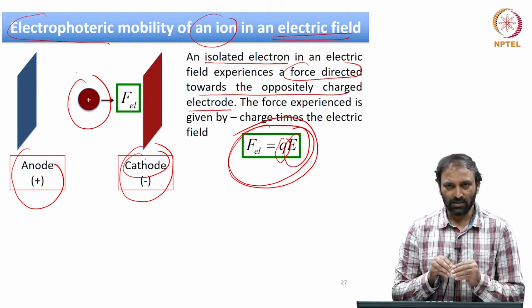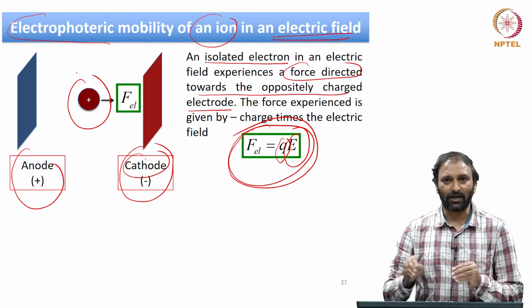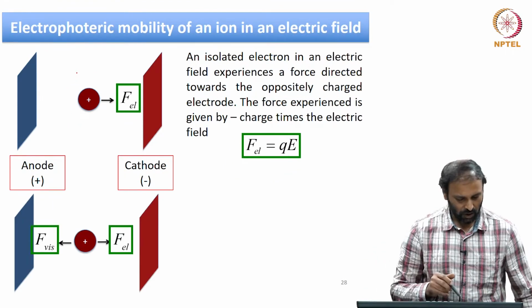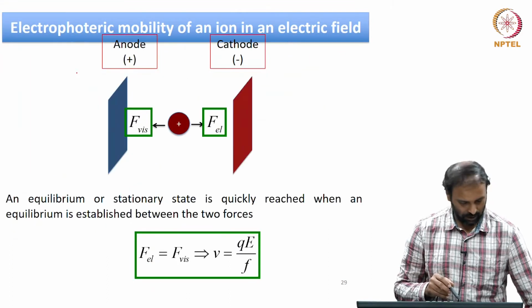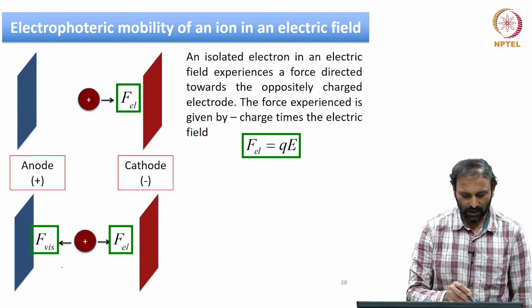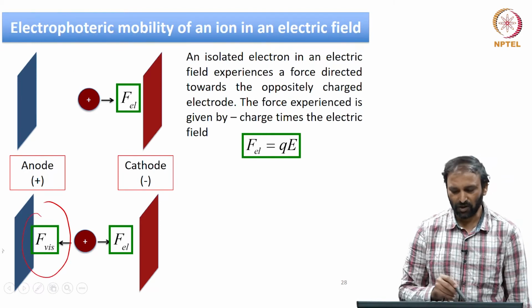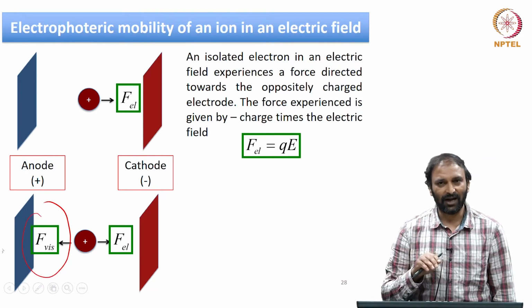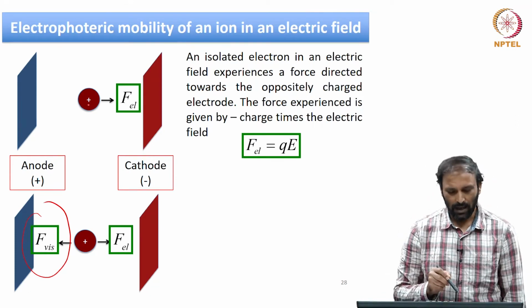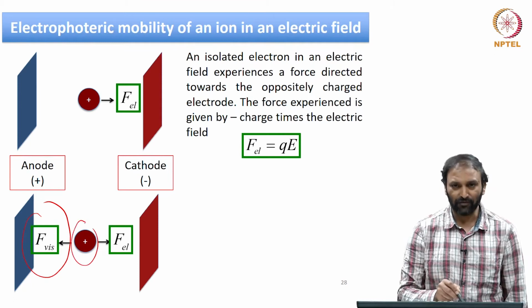However, this initial increase is going to die down with time, because there is an opposing force that comes into the picture, because whenever there is a relative motion between the particle and the fluid, right.